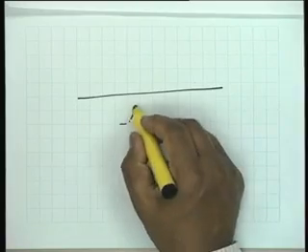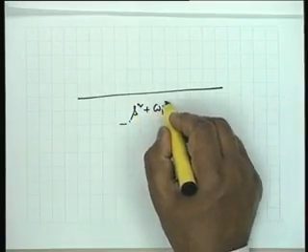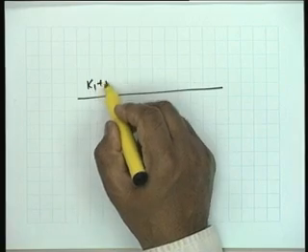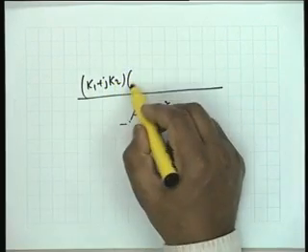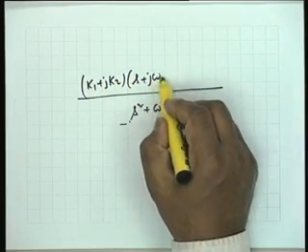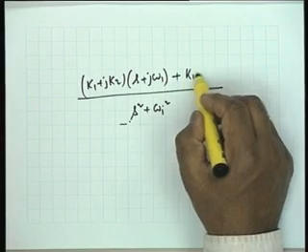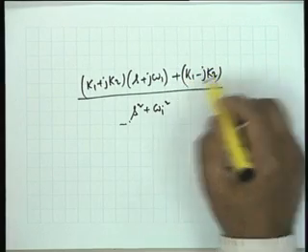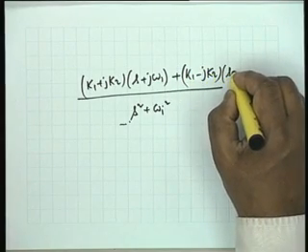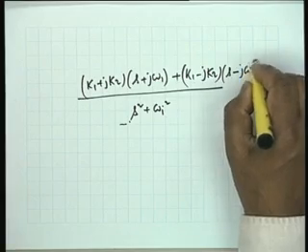Let's clear this. S squared plus omega i squared. I get K1 plus jK2 over s plus j omega i, plus K1 minus jK2 over s minus j omega i.